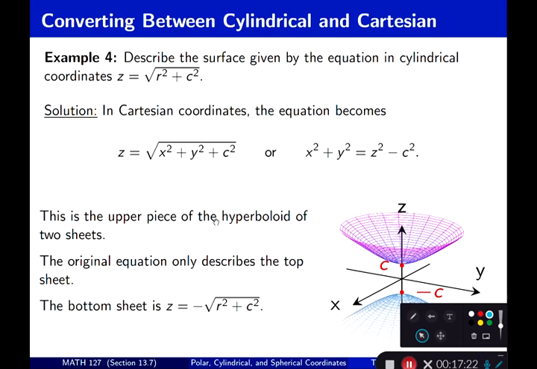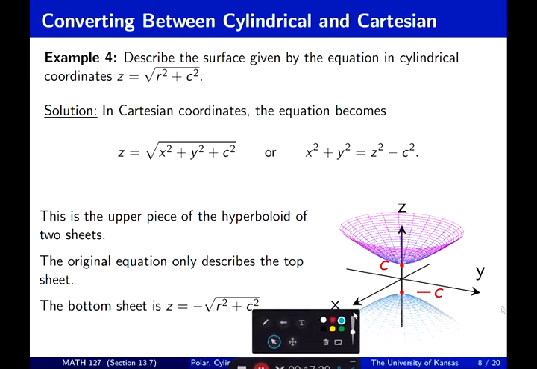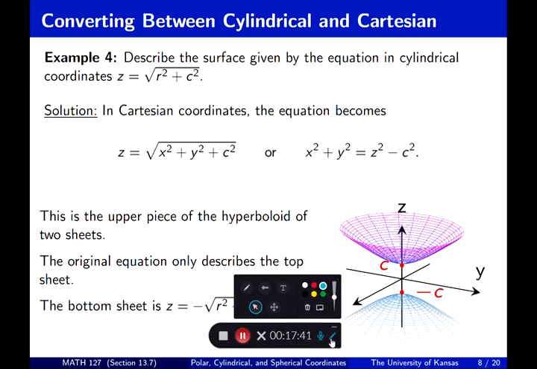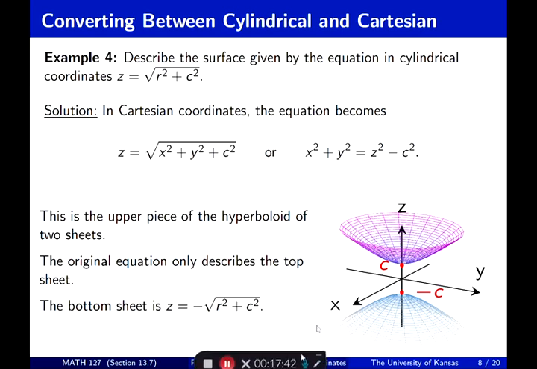So this is the upper piece of the hyperboloid of 2 sheets, and the original equation only describes the top sheet. The bottom sheet would have been z equal to negative square root of r squared plus z squared. And so this is the picture again, and you can see that the top part is this equation, and the bottom part is this equation.